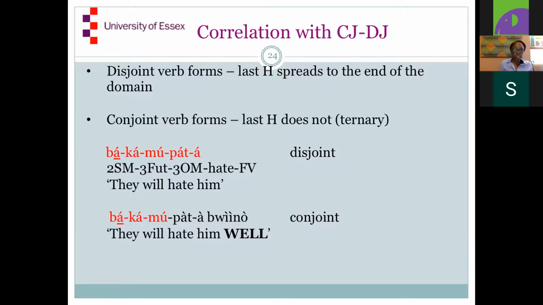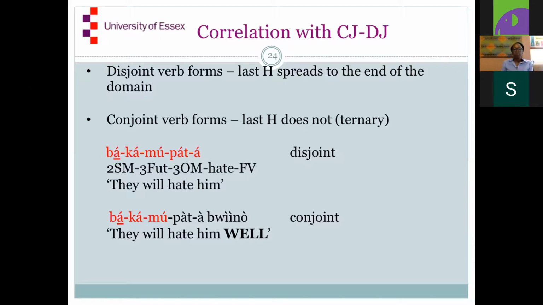So in essence, there is a host for a following high tone to spread, but it doesn't spread any further. The reason it doesn't spread any further is because there's a following constituent, and this is, in inverted commas, a way of marking this disjoint form. And it's correlated with well being focused. So they hate him well and properly, where well, in this constructed example, is in focus.